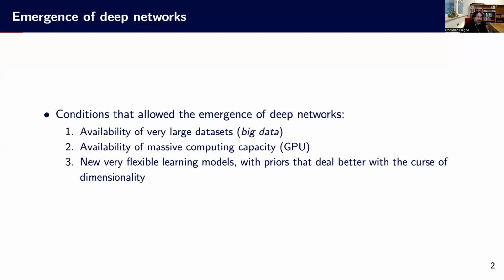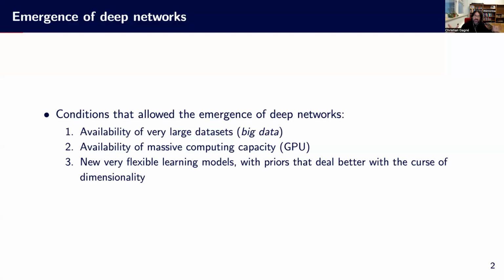So having these new models that are flexible, but with the right priors regarding which kind of data we are dealing with, was also an important condition. All these three together really led to the capacity of training deep networks.